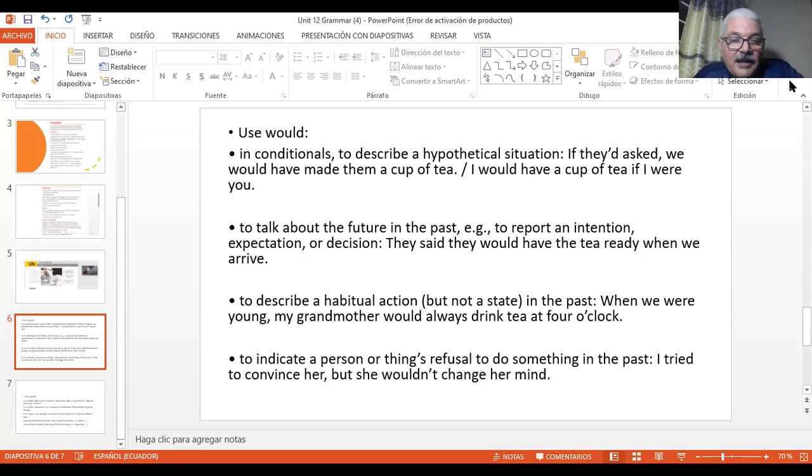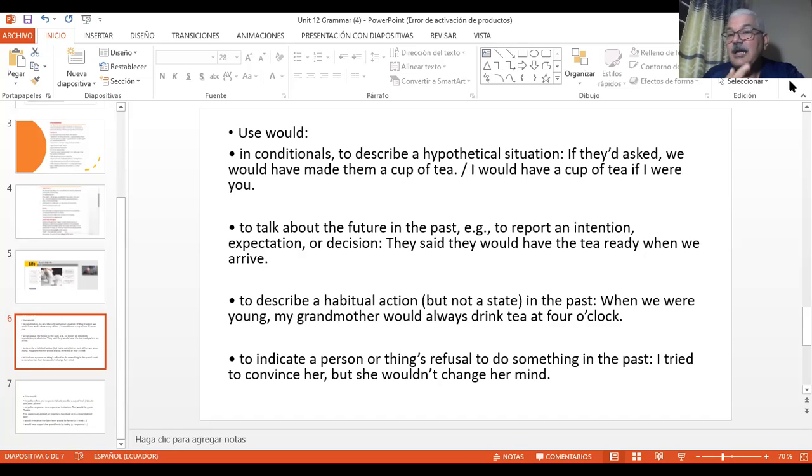When we arrive. Then the third possible use of this modal verb would is to describe a habitual action, but not a state, okay? It's something that is a habit in the past. When we were young, my grandmother would always drink tea at 4 o'clock.